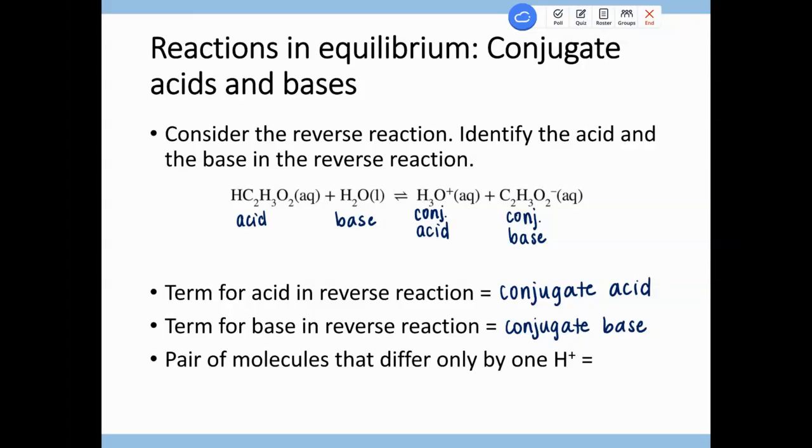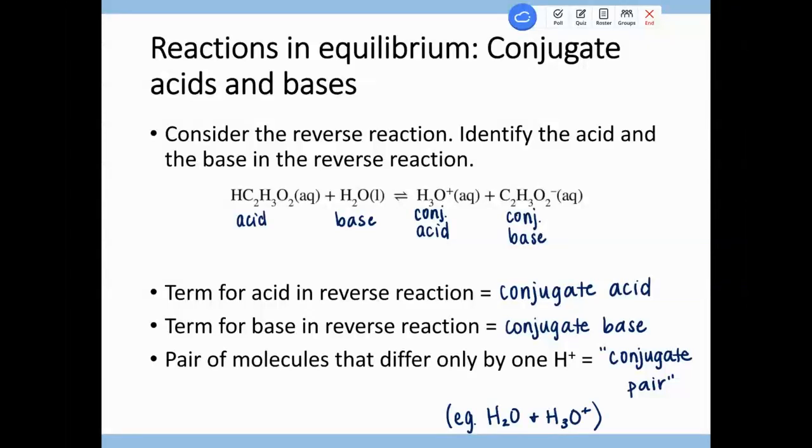And then a pair of molecules that differ only by one H+. Those are the pairs that we're comparing to determine if something is an acid or a base. These are called a conjugate pair. An example here is H2O and H3O+.